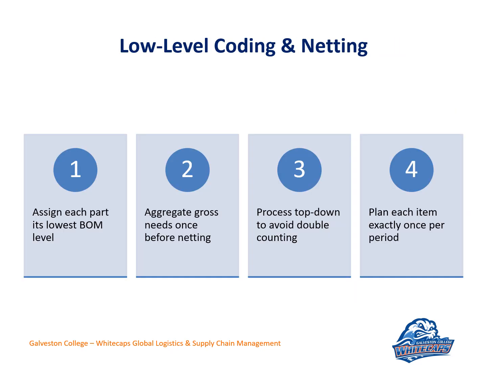The next thing is low-level coding and netting. Well, what is that? It's assigning each part to the lowest BOM level, right? You account for everything. Yeah, you aggregate the gross needs before netting, and you process top to bottom to avoid double counting. Imagine that.